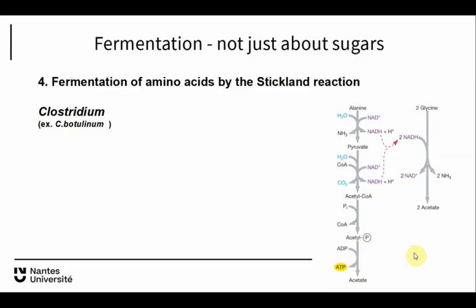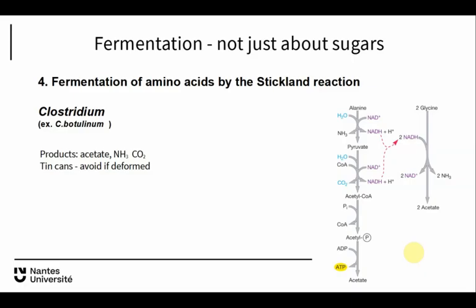Now, this is particularly a problem in tinned food if the sterilization process hasn't been done correctly, because Clostridia, which are spore-forming bacteria, can survive heating at 100 degrees. If you just boil them in your pan at home, you'll kill vegetative bacteria, but endospores will not be destroyed.